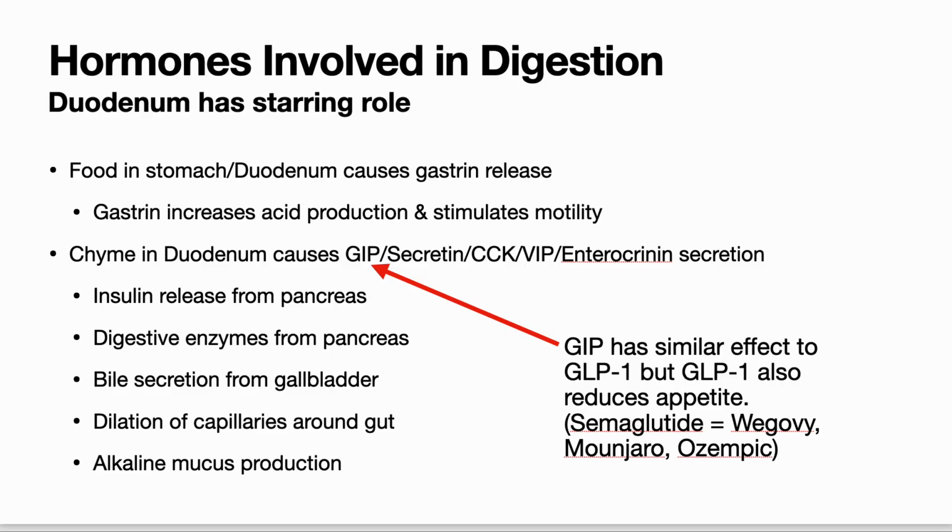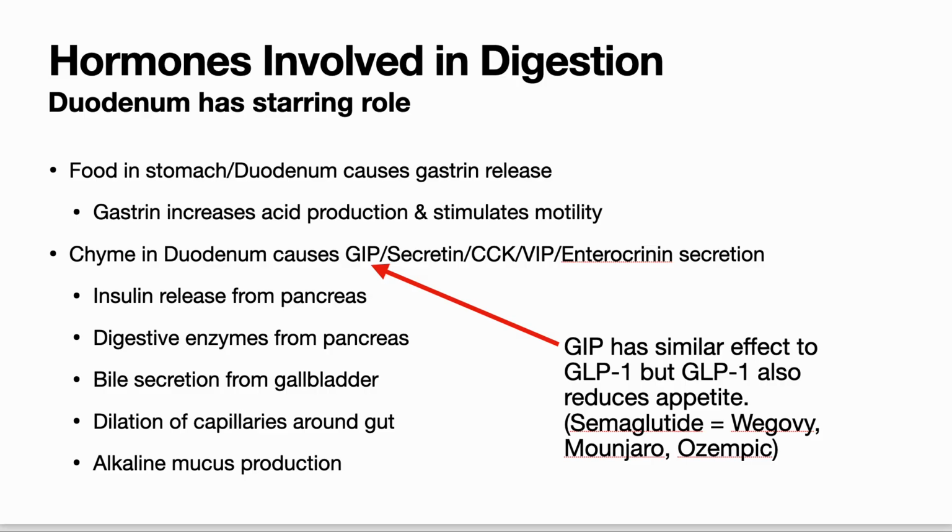So we'll activate the whole thing. Once chyme moves into the duodenum, it's going to cause the secretion of GIP, secretin, CCK, VIP, and enterocrinin. So that's a bunch of hormones that are going to be secreted in response to chyme moving into the duodenum.